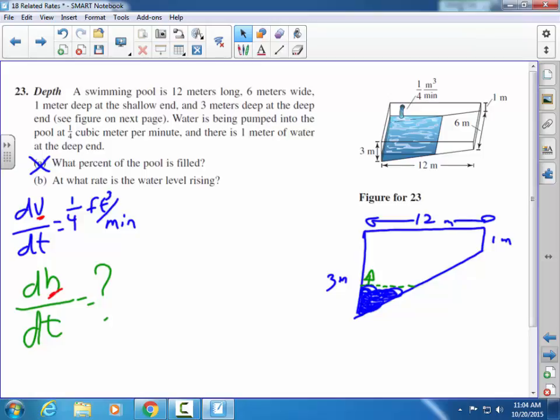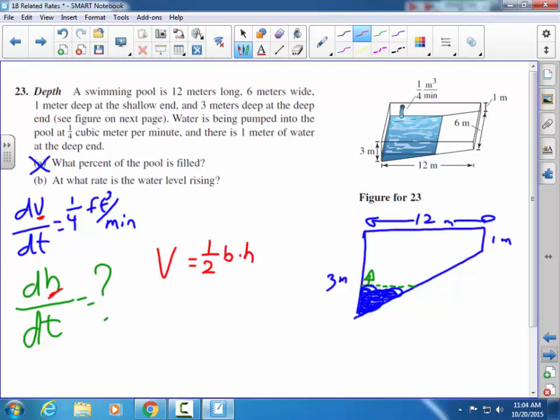All right, let's show you what that's going to be. That volume is going to be 1/2 the base times the height times a different height. Okay? Now, I wrote it like that, so hopefully y'all will see something there. What does 1/2 bh look like?